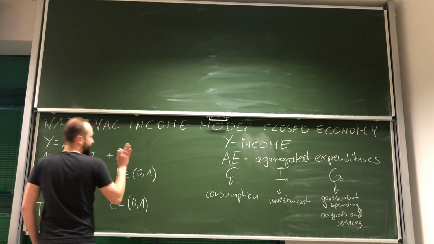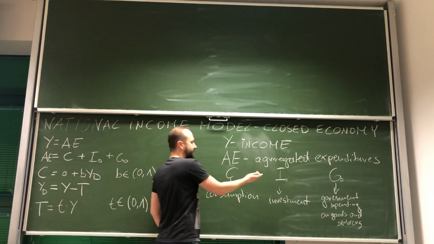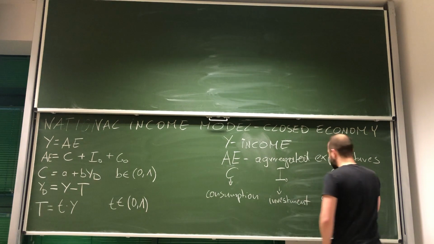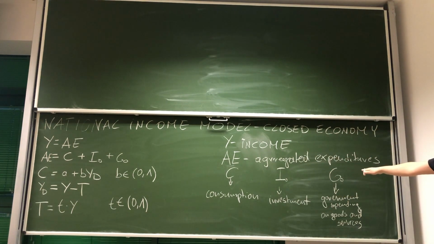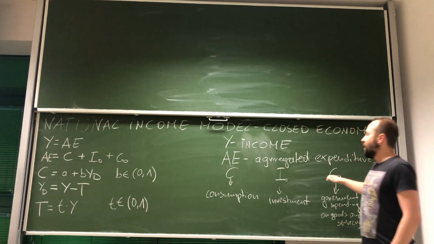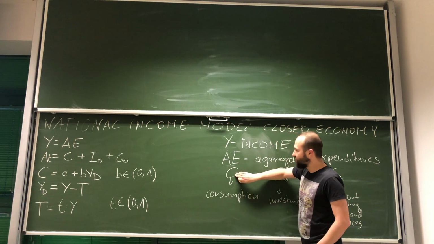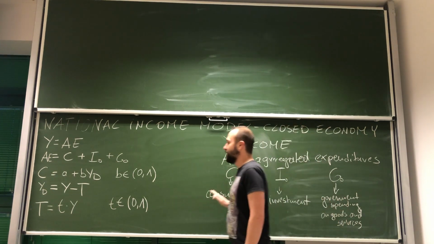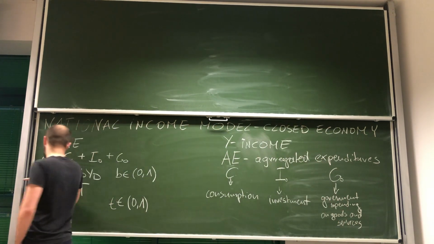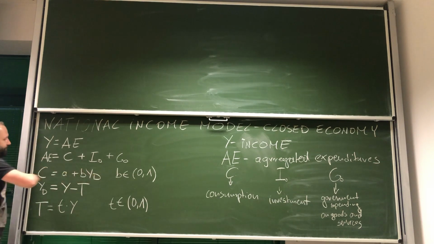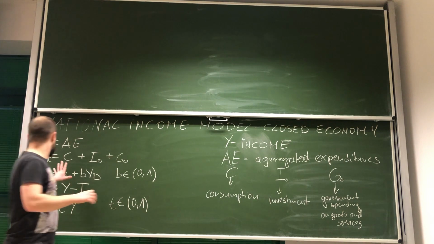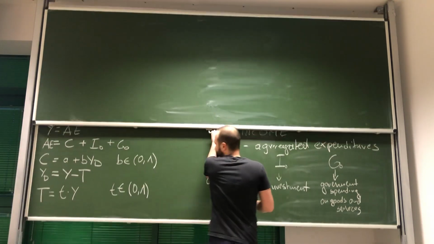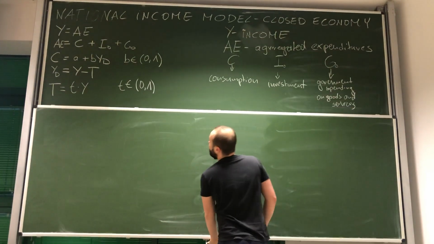But look, as those two are given exogenously, their autonomous investment and autonomous government spending, you see that consumption in this case is actually explained by equation 3 over here. So now let's look at this equation 3 in detail.